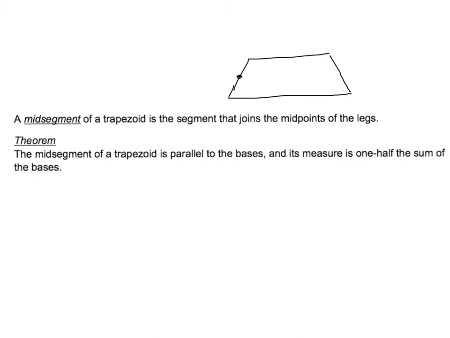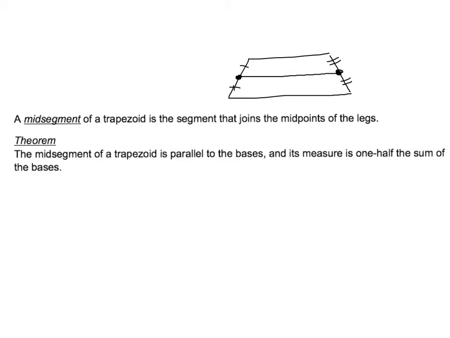So one of the legs, that's a midpoint, the other leg, that's a midpoint, and the midsegment is going to connect those. And since they are midpoints, I'm going to go ahead and mark them as being broken into congruent segments. So a midsegment, we're talking about this segment right here, that's the midsegment of my trapezoid, and it joins the midpoints of the legs.